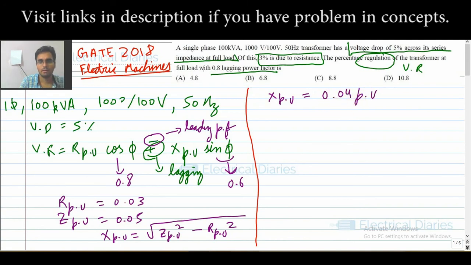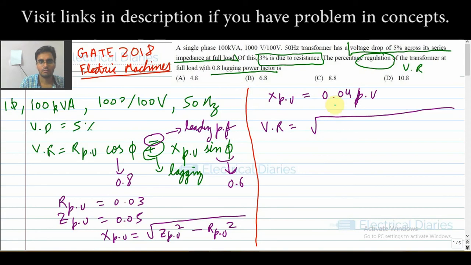Now you can easily apply the voltage regulation formula. Oops, sorry, I don't know why I made that square root sign. It won't be there in the formula of voltage regulation.